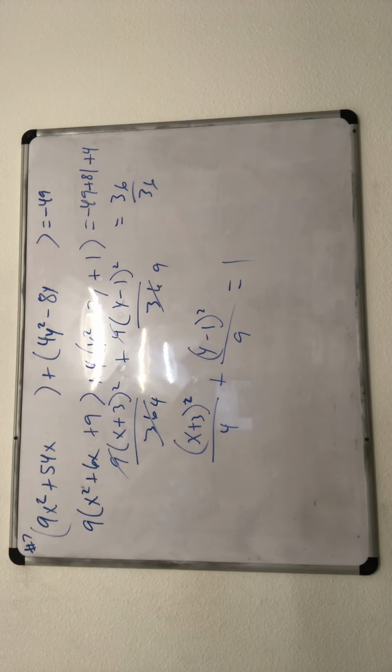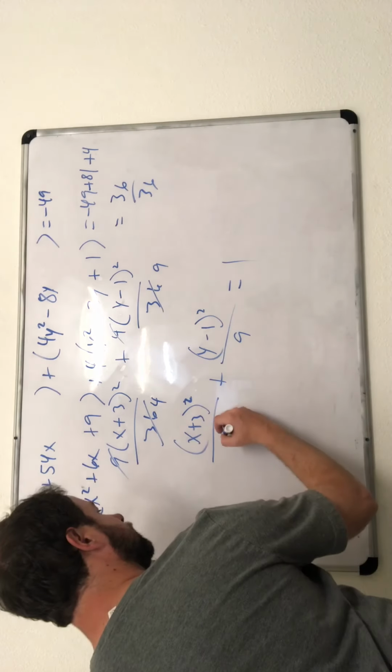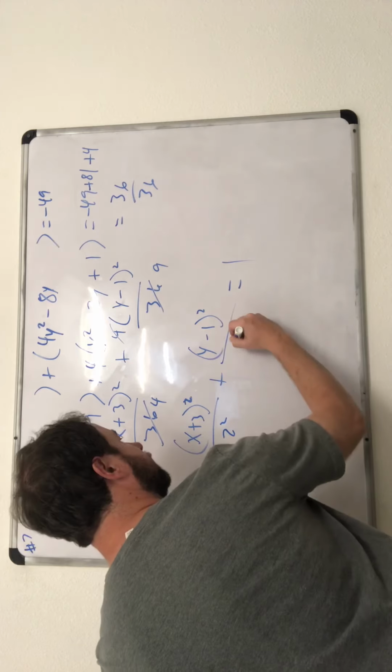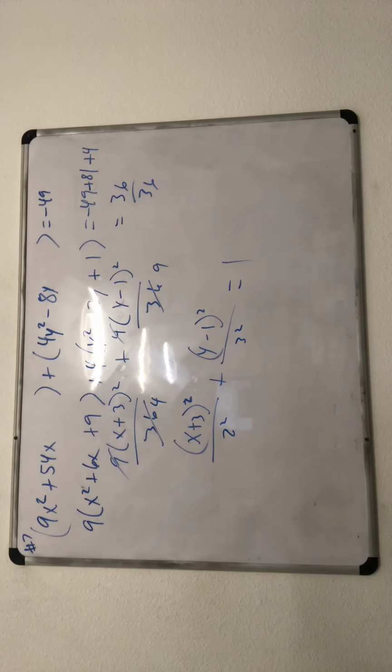And this is exactly what we were looking for. And then we're going to turn this into 2 squared and this into 3 squared. And this is going to help us in graphing this.